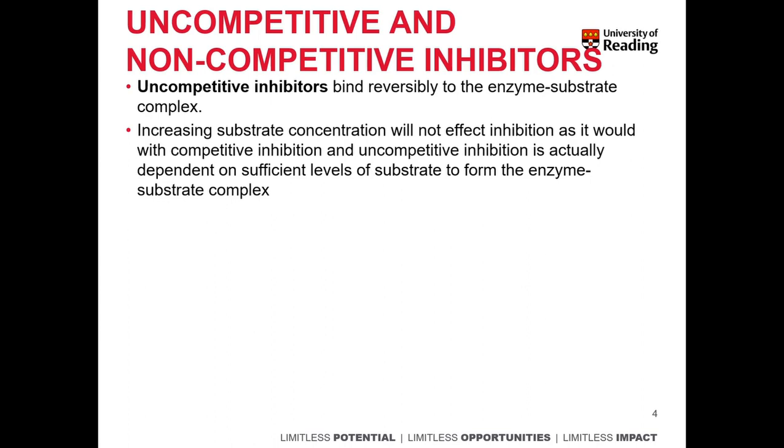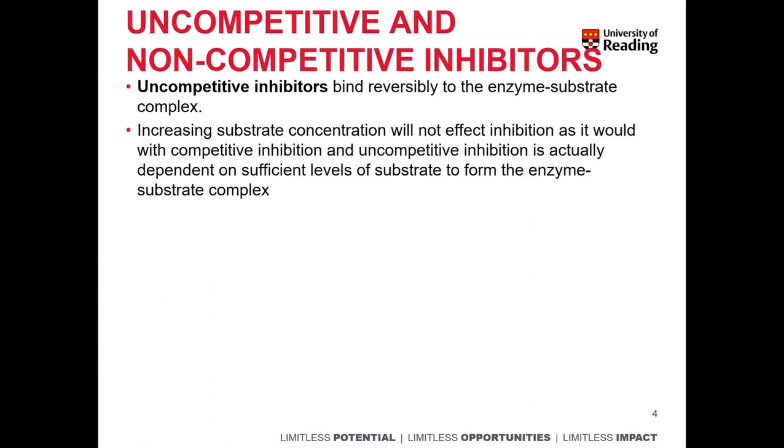However, we need to make sure that there is enough of a concentration of substrate to ensure that the binding site for the uncompetitive inhibitor to enter into is formed. So we need to have a minimum level of substrate to ensure that there are enough substrate enzyme complexes for the uncompetitive inhibitor to bind into.